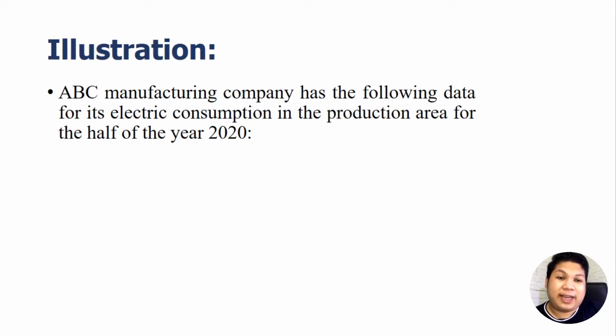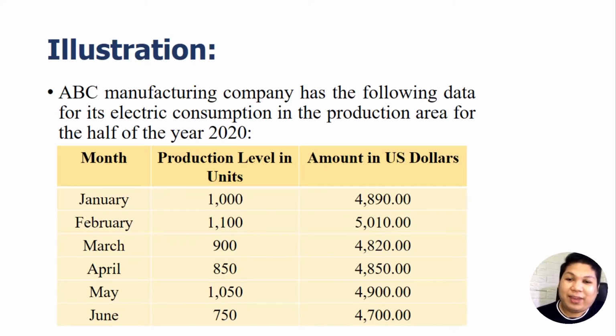So here's the data for the first half of 2020, for the months of January to June: the production level and the amount in US dollars. When the production level is 1,000 units, the amount of electricity is 4,890. And when the production level in June is 750 units, the electricity consumption is 4,700.